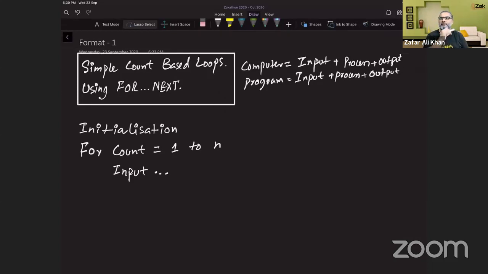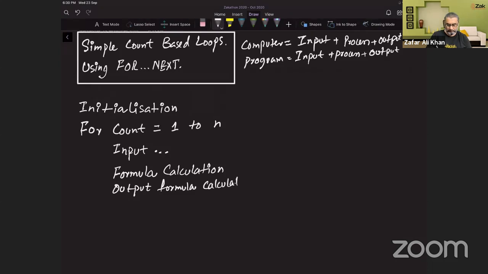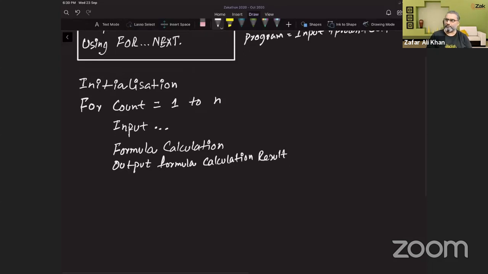When we solve the question, we will look into it. Then some of the questions have a formula in them. If there is a formula, then we output the formula calculation result. If there is a formula, not necessarily; we will not always have a formula.